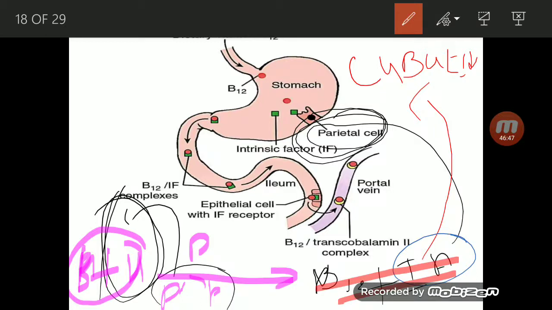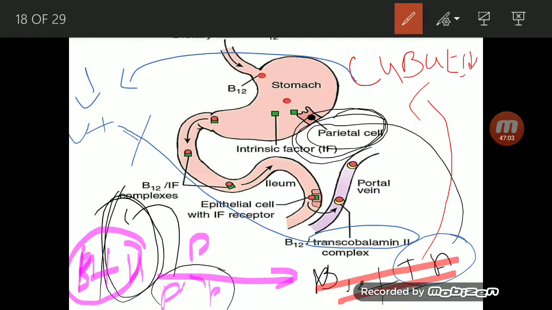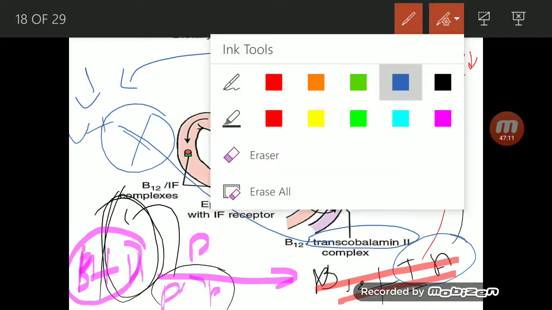It binds there and it is taken inside your cell. After it enters into your cell, your vitamin B12 goes and binds to your transcobalamin, and then this complex is transported throughout your body. Wherever it is needed, it is taken and then used.